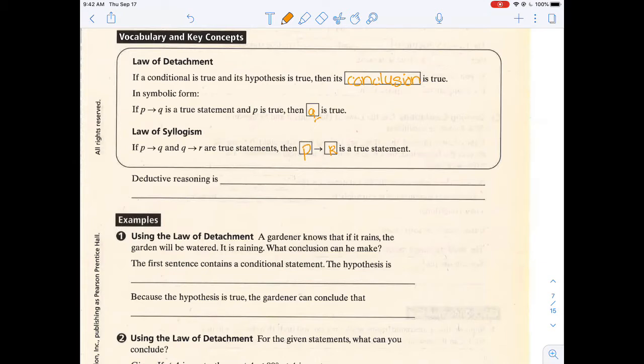Okay, so this is called deductive reasoning. Deductive reasoning is the process for reasoning logically from given statements to a conclusion.